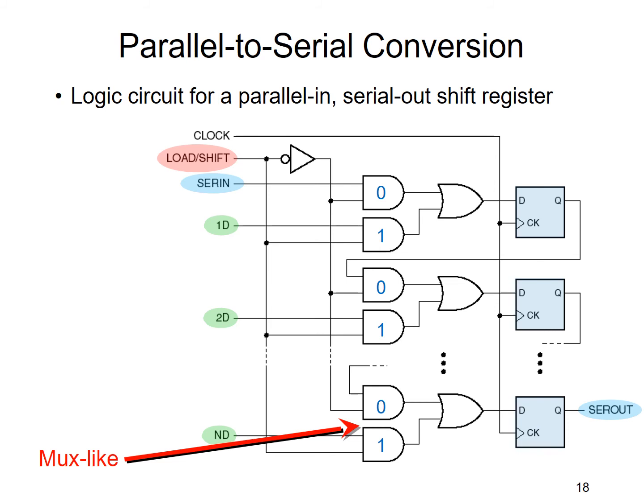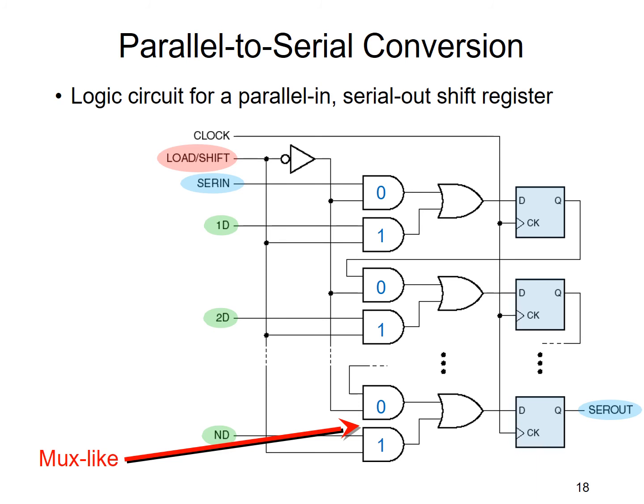Now the data, once it is loaded into the flip-flops, can be moved in a serial fashion. The serial input data can be fed from the serial input. We have the load and shift control. When the load and shift control is 1, data can be entered parallelly into the shift register.